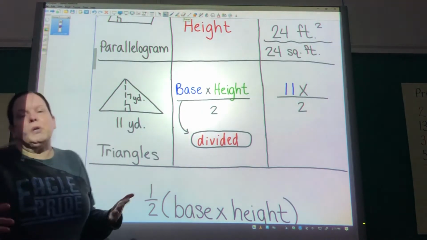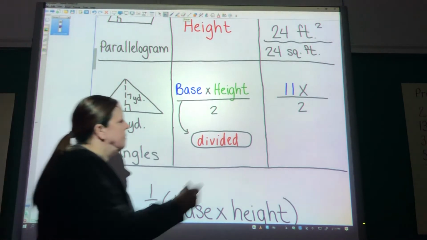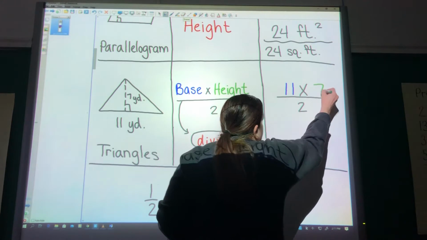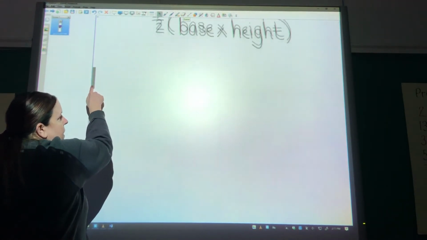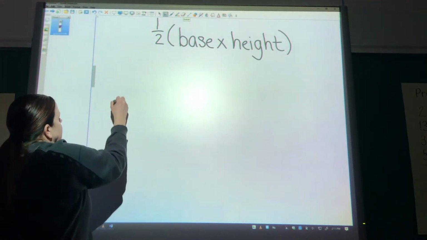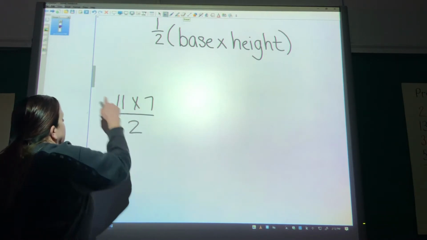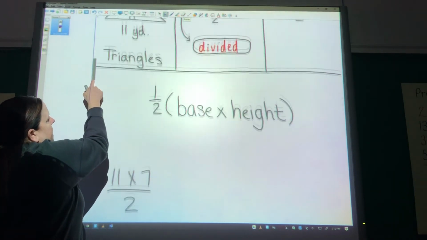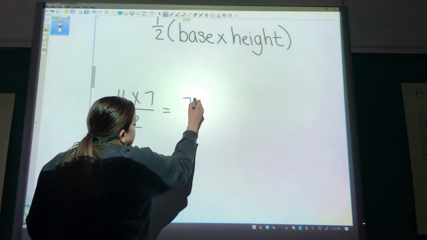So today you're going to take the 2 numbers that you see. So our height is the 7. Okay, so I'm going to come down here and I'm going to rewrite that here. So we had 11 times 7 over 2. Okay, so 11 times 7 is 77.